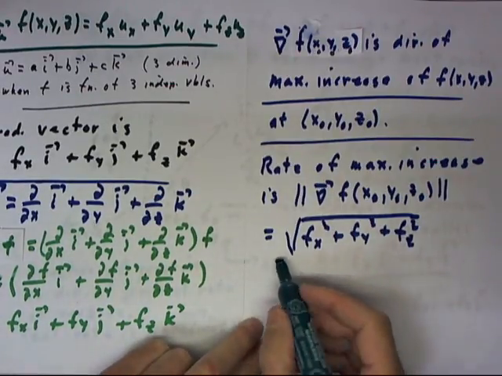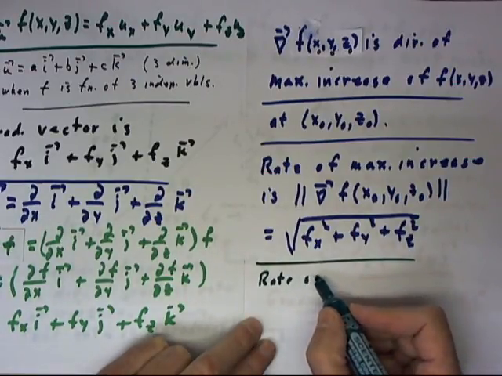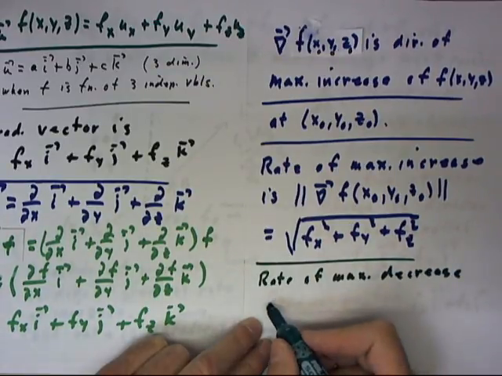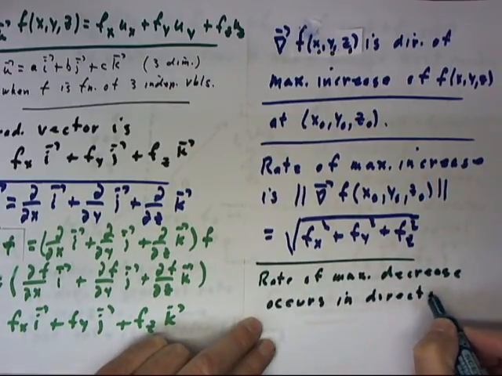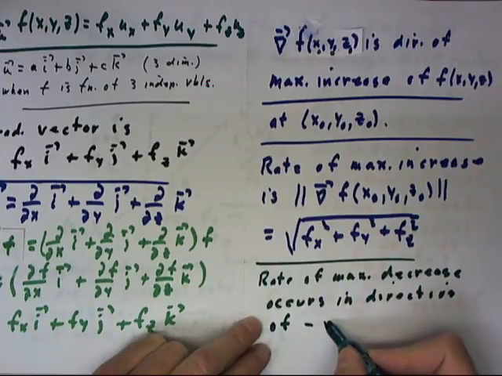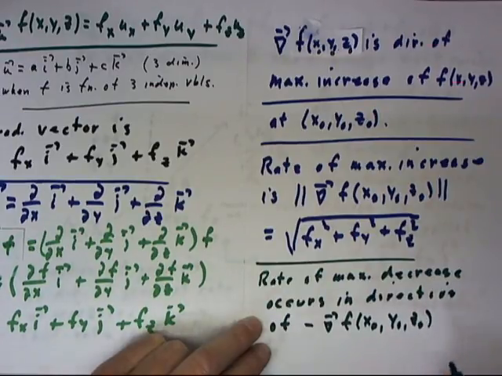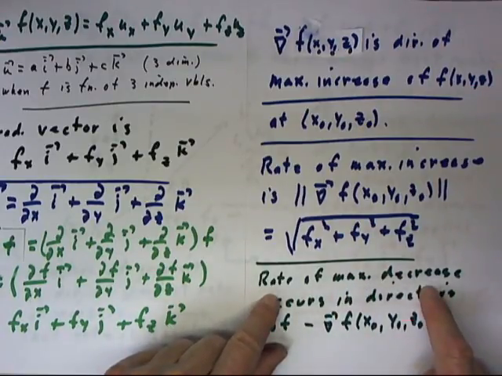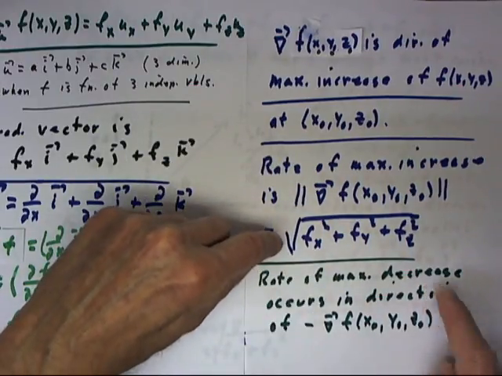And we can also mention that the rate of maximum decrease occurs in the direction opposite the gradient and is equal and opposite, or the rate of change in the direction of maximum decrease, to say it properly, is the negative of the rate of maximum increase, the negative of this expression.